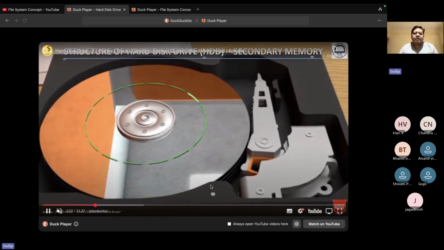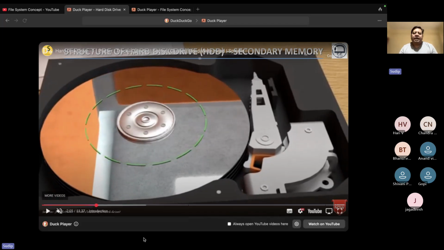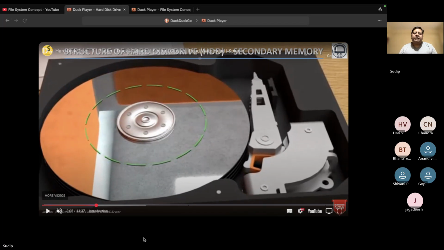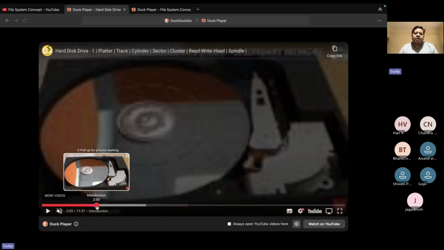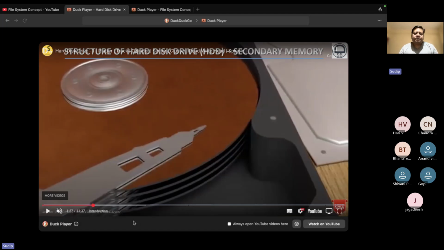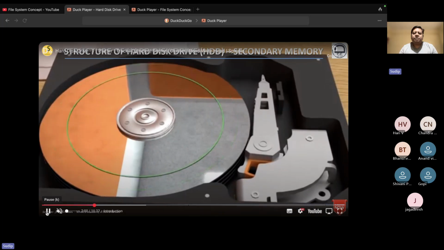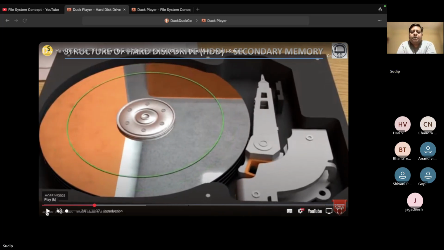Then, on the magnetic platter itself, each platter is logically divided into something called tracks.